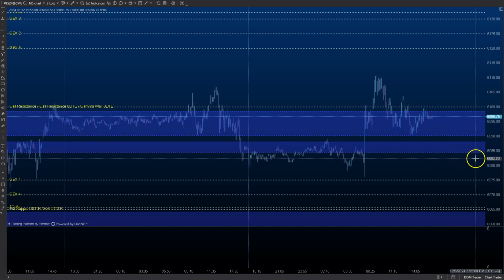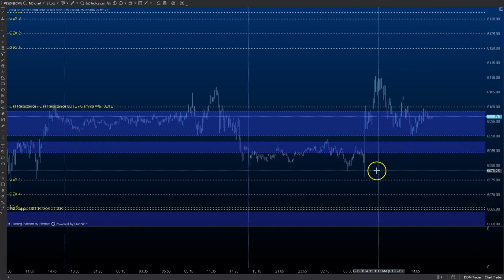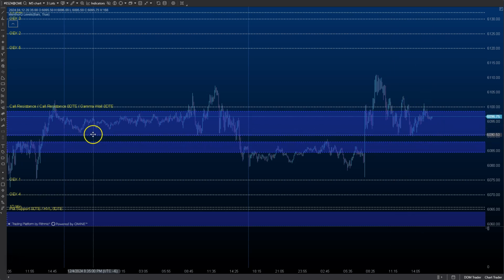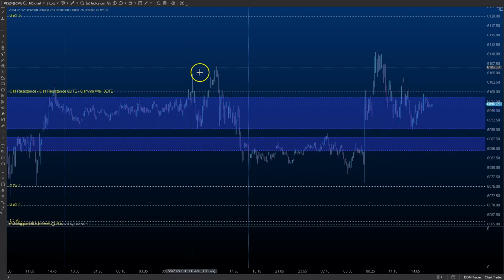Okay. Now in this case, we can clearly see that when we're in this range, we get this back and forth because of the volume so highly traded, it goes mean reversion. And although we bounced out above the call resistance a couple of times in the last couple of sessions, most of the volume came back in and traded and was accepted in this high volume area.